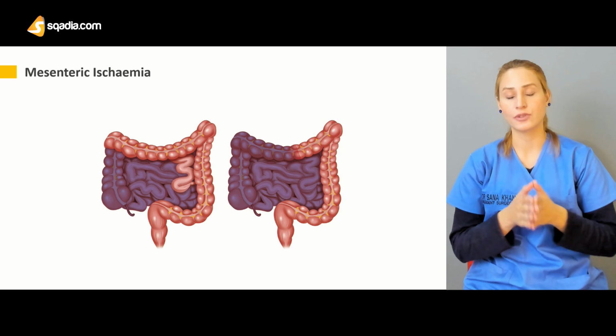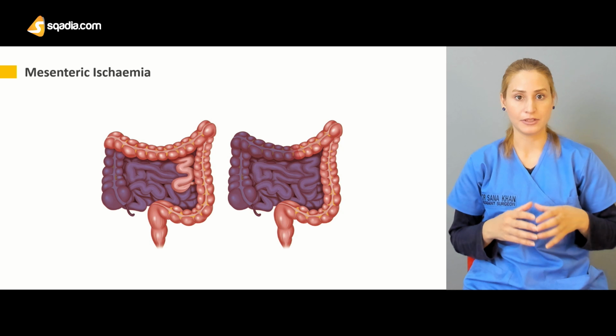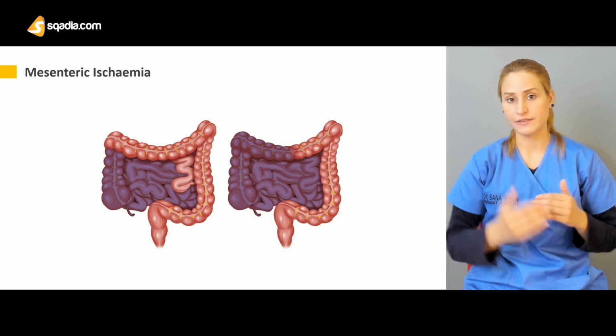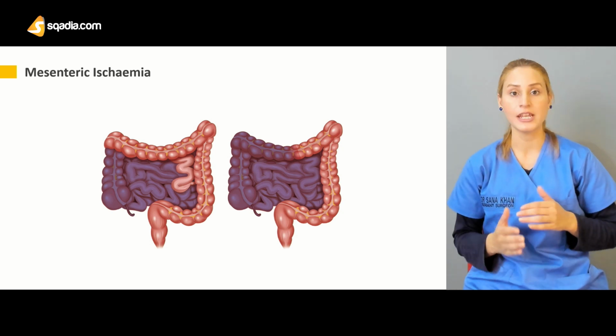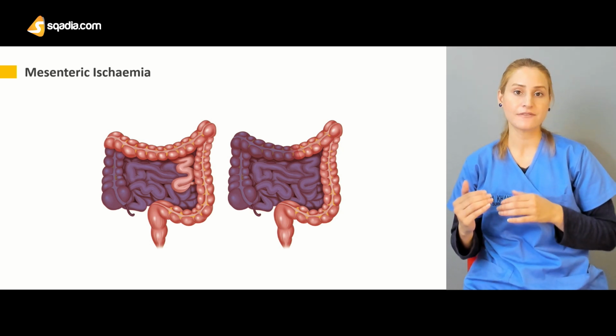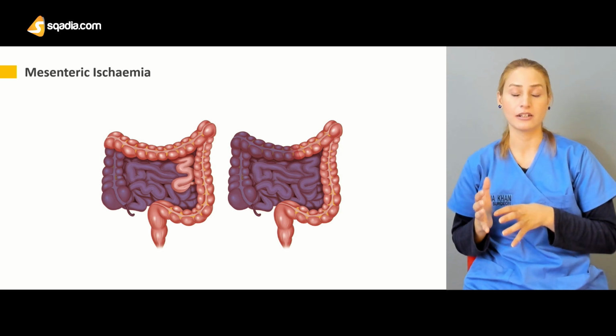The foregut extends from the esophagus down to the proximal duodenum. From the distal duodenum till the mid-transverse colon, that's basically the midgut. And beyond the transverse colon till the rectum is the hindgut.